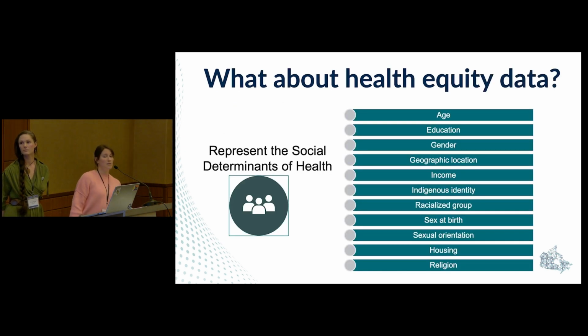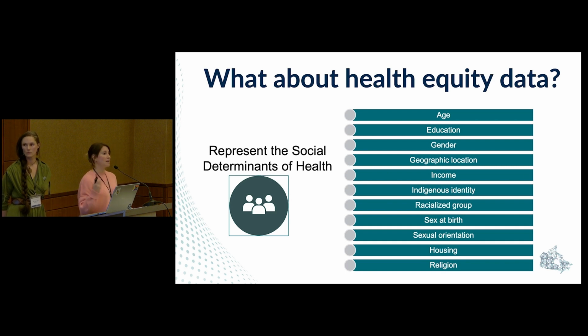So what about health equity data? Health equity data are generally there to help reduce disparities in health outcomes between different groups and populations. And these usually represent the social determinants of health. So this could include things like age, education, income, sex at birth, sexual orientation, housing, and so much more.